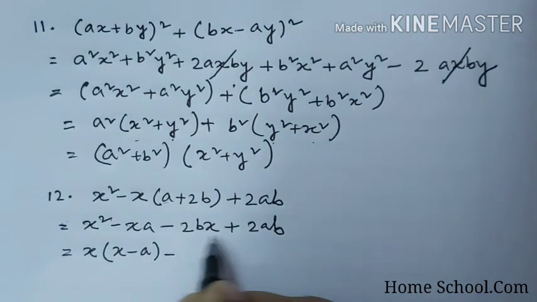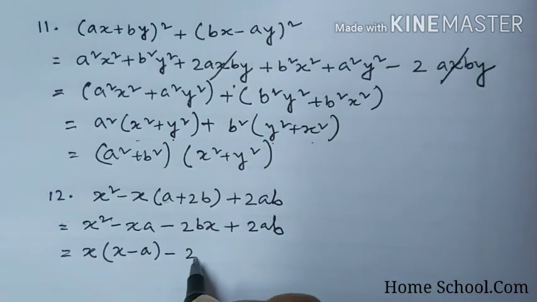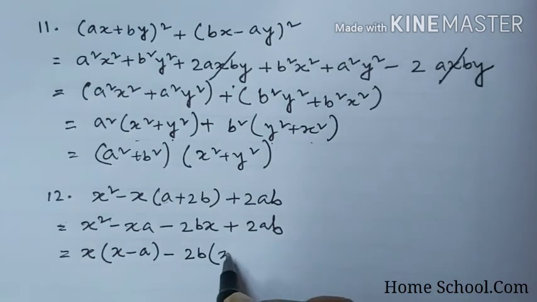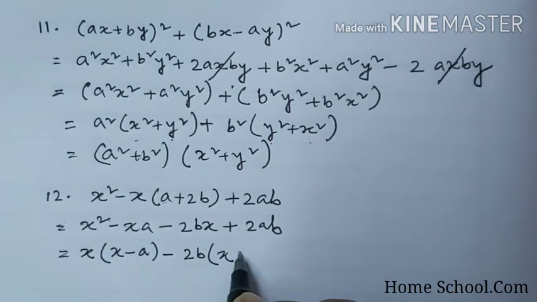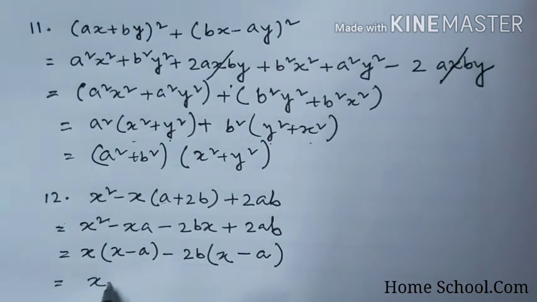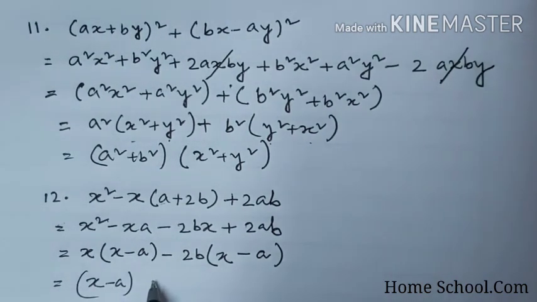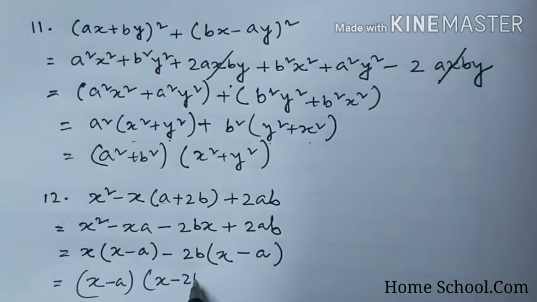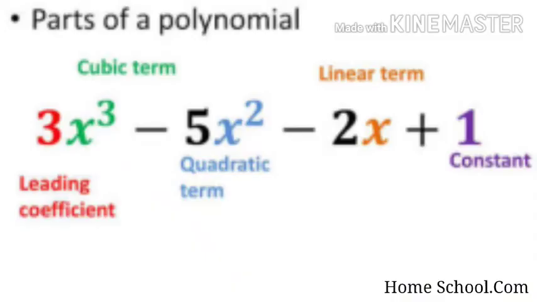Now you can take 2b common: 2b(x minus a). So the factorization is (x minus a)(x minus 2b), right? With these 10 examples of polynomial factorizations, your understanding should be quite clear now.